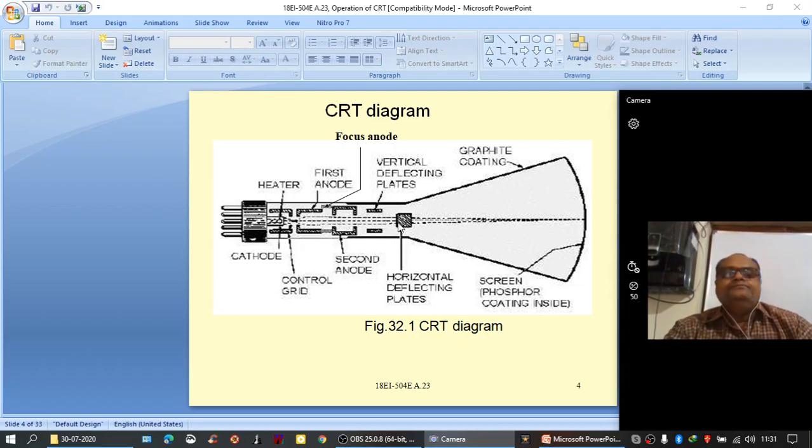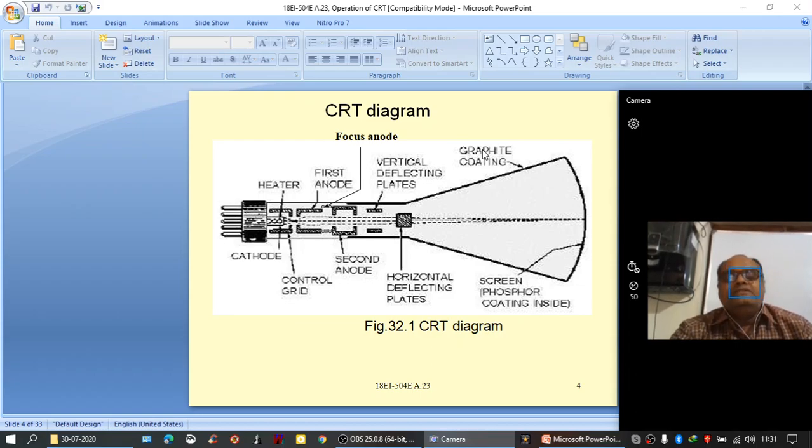At the same time, a horizontal input is applied. A sweep signal is applied to the horizontal deflection plates. This sweep signal is nothing but a continuously increasing ramp voltage. That is, always the left plate would be at zero potential and the right plate potential would increase linearly.